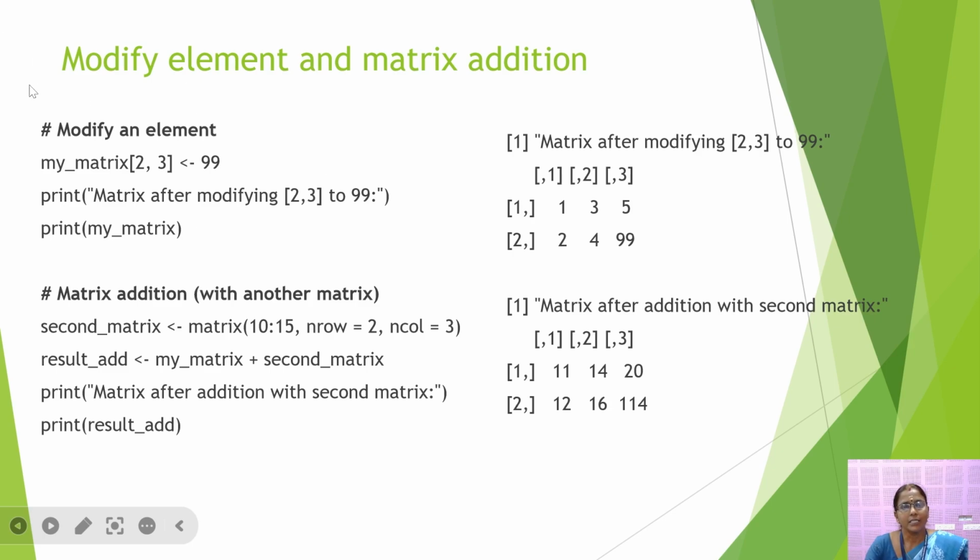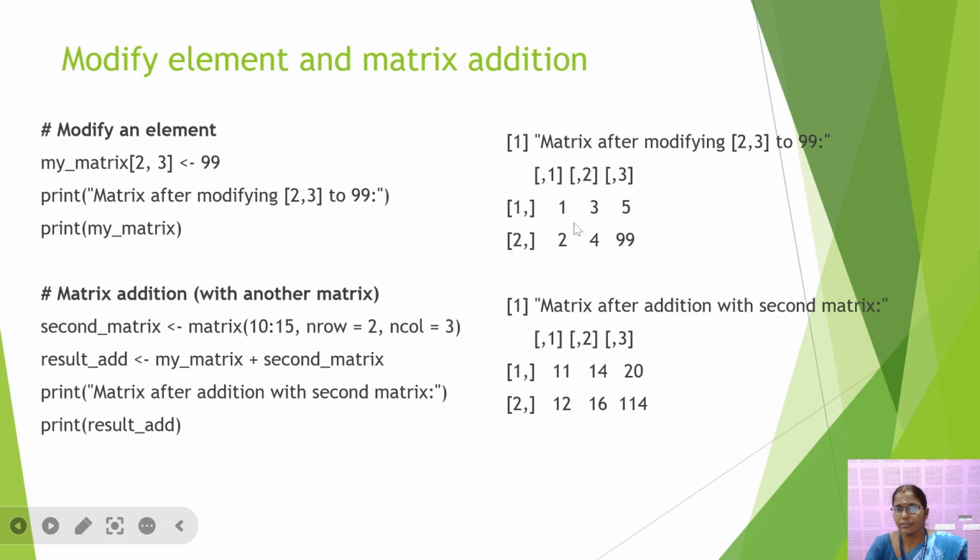Next, suppose you want to modify a particular element in the matrix, you have to give the particular index position. That is my matrix of 2, 3. Here 2 represents the row and 3 represents the column. So the second row, third column. This is the first row and this is the second row. Second row means you have to take this row.